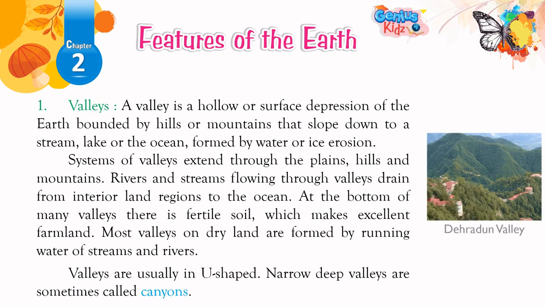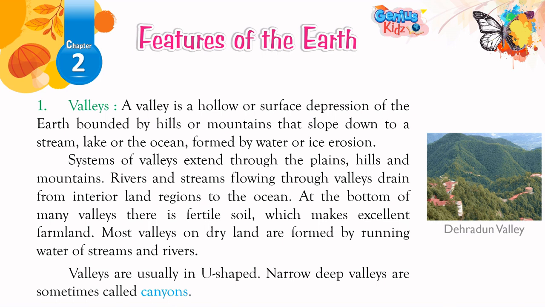1. Valleys. A valley is a hollow or surface depression of the earth bounded by hills or mountains that slope down to a stream, lake or the ocean, formed by water or ice erosion. Systems of valleys extend through the plains, hills and mountains. Rivers and streams flowing through valleys drain from interior land regions to the ocean.